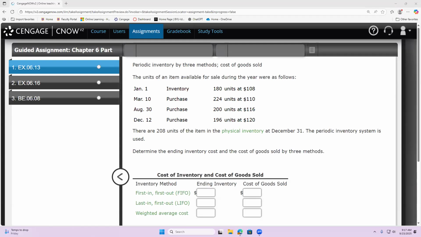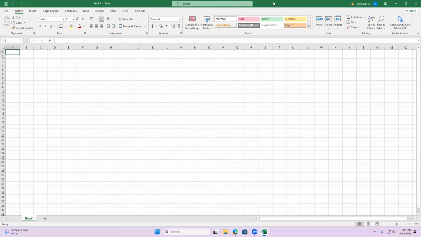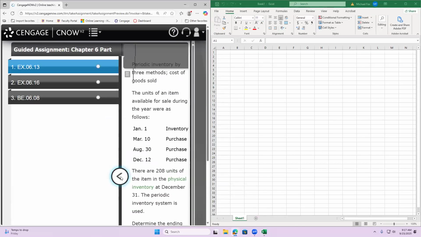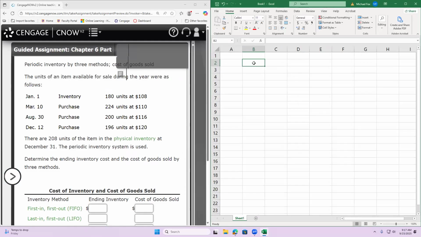I'm just going to use an Excel spreadsheet to maybe show this to you. All right. And I'll make this a little bigger. So first, I'm just going to take this same information. I'm going to say on January 1st, I had 180 units that had a cost of $108. March 10th, I purchased 224 more units.